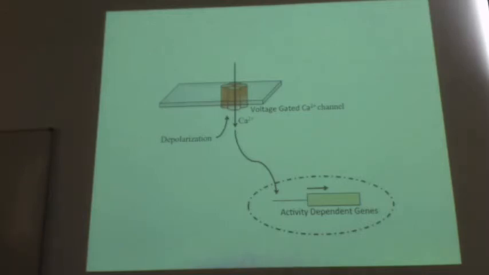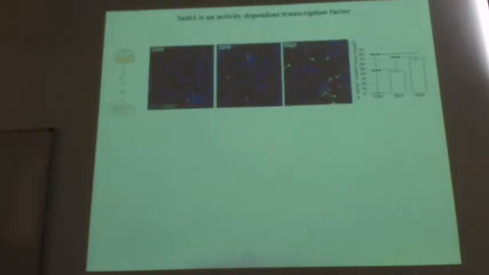In order to mimic this phenomenon, we culture our cells in the presence of potassium chloride. As a result, we have the influx of potassium, which again causes depolarization of the neuron, and then the same physiological cascade is activated. The question is whether we are going to see upregulation of SADB1. First of all, we wanted to figure out whether our cultures can mimic the temporal expression of SADB1 that we see in vivo.